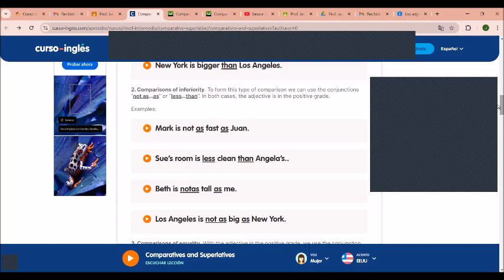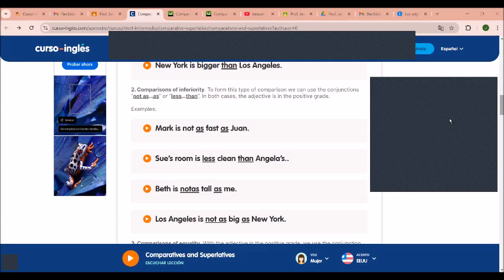Examples: Mark is not as fast as Juan. Sue's room is less clean than Angela's. Beth is not as tall as me. Los Angeles is not as big as New York.